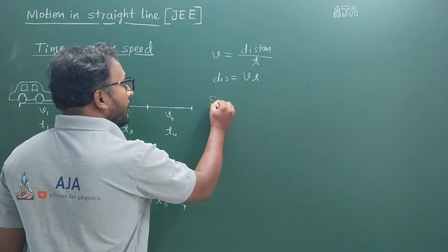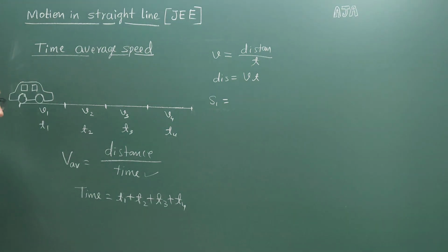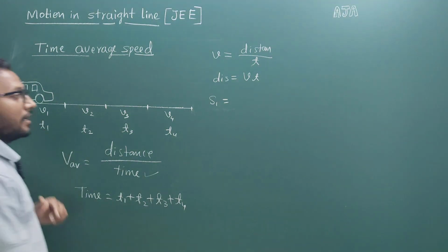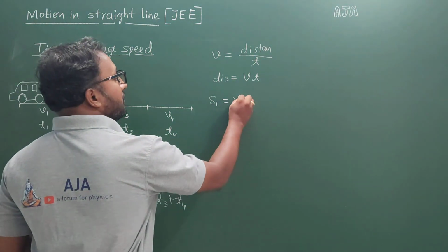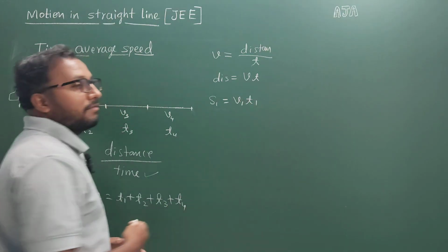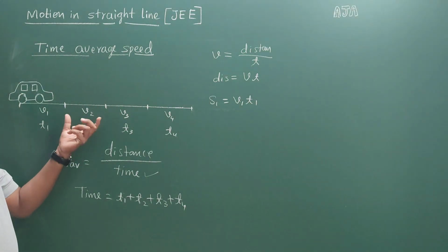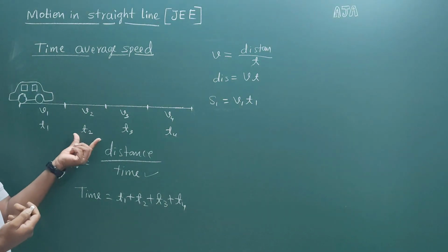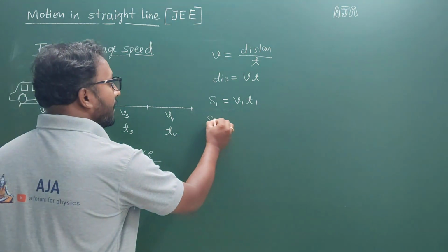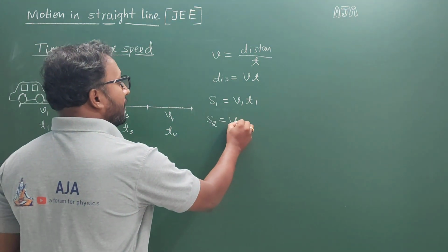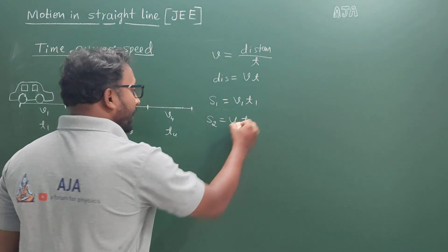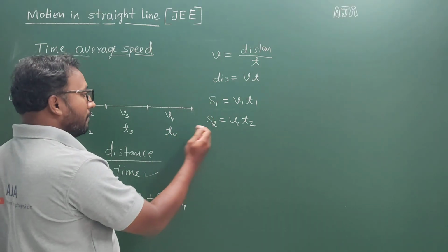So the distance covered by the car in the first time interval t1 can be written as s1, which is v1 into t1. Similarly, the car has traveled some other distance in the time interval t2, written as s2, which is v2 into t2, and so on.